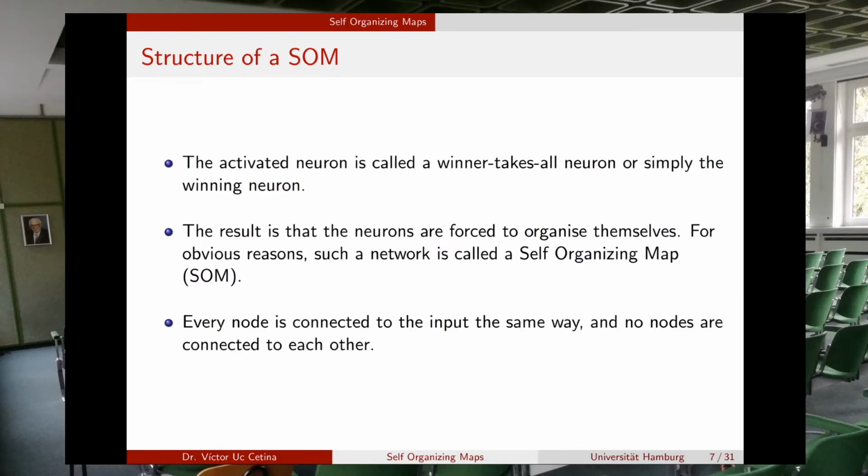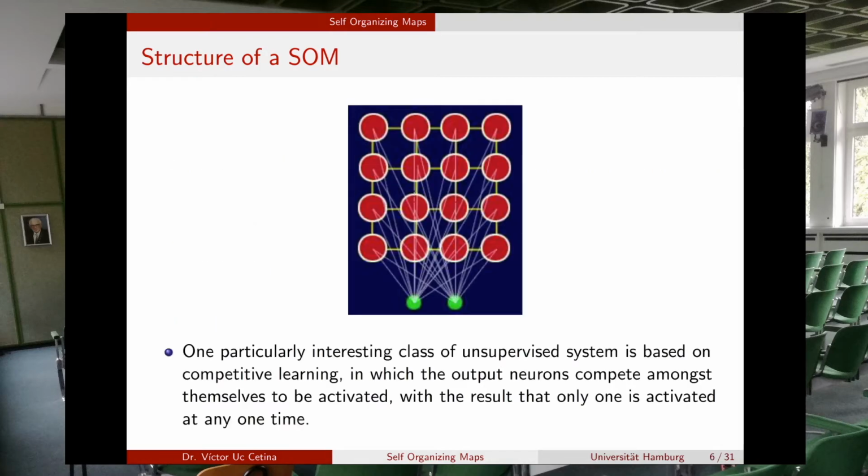So every node is connected to the input in the same way, and we consider that there are no connections between nodes. So let me go back to try to explain this. Here you see these white lines. These are the connections from the input vector to each of the neurons.